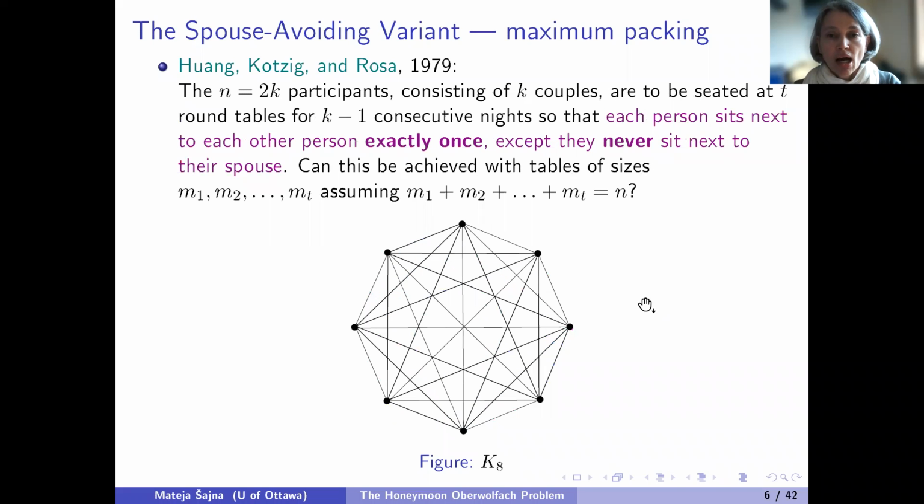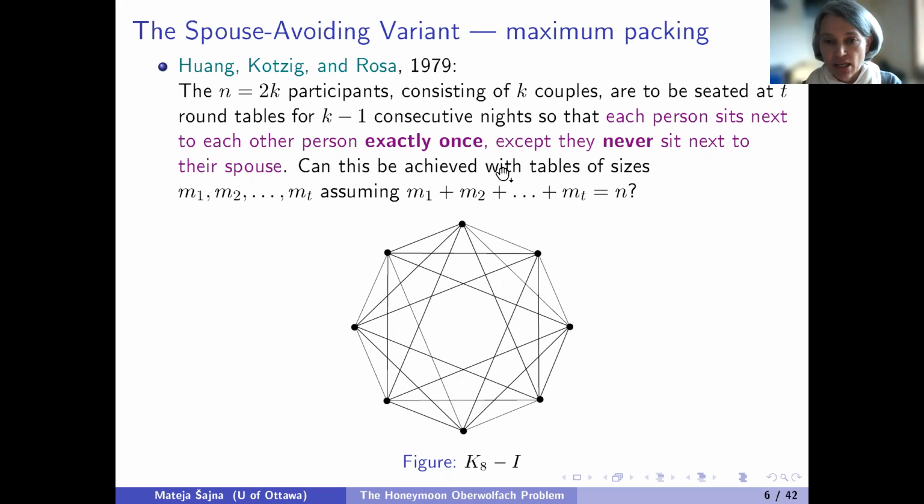A complete graph of even order has odd degrees, so it does not allow a two factorization. And so the closest that we can get is the complete graph minus a one factor. So we delete a one factor and we think of the edges of the one factor as corresponding to the K couples, so that the spouses in a couple never get to sit next to each other, but get to sit next to everybody else exactly once.